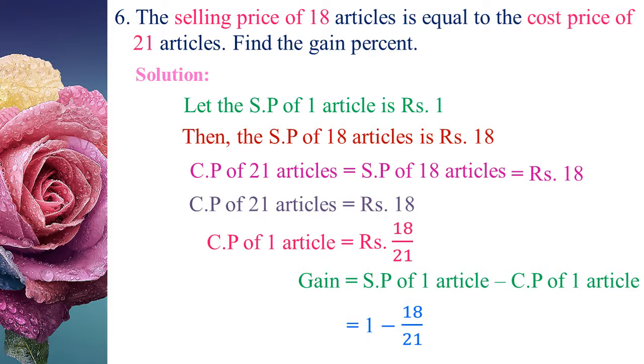Here the LCM is 21. So 21 minus 18 by 21. 21 minus 18 we get 3. So 3 by 21. So gain is 3 by 21.